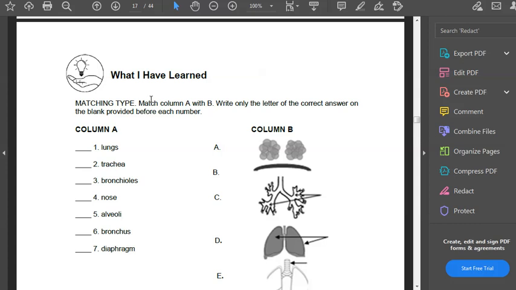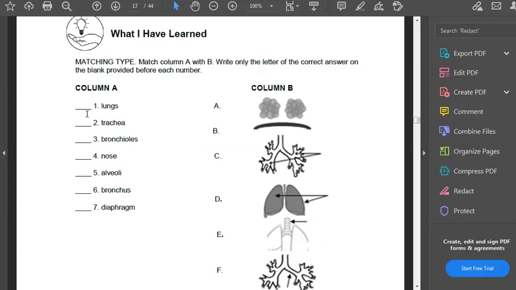You match the column A with the column B. Write only the capital letter of the correct answer in the blank provided. So, I want you to write what I have learned sa inyong answer sheet sa yellow pad. And then, butangan ninyo column A, kopyahan ni tanan.